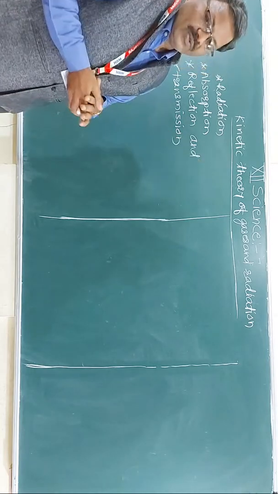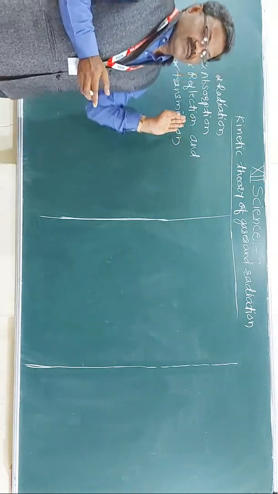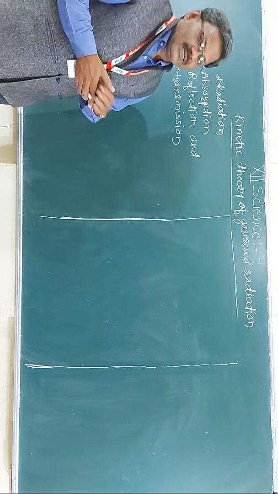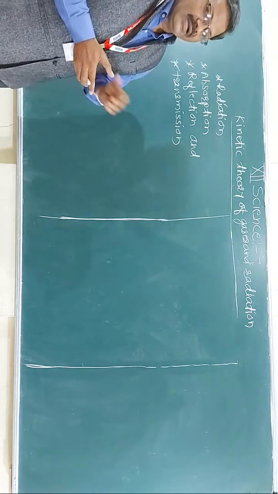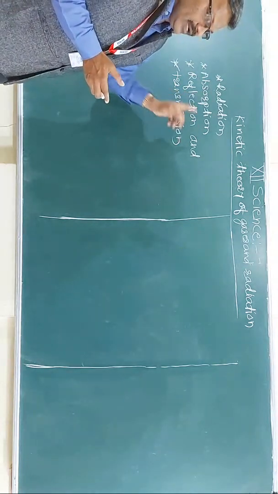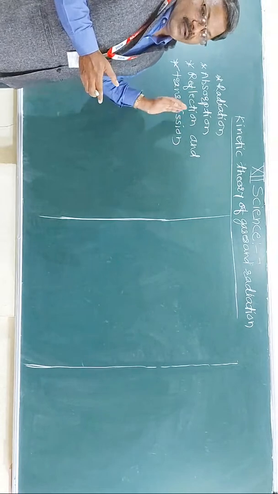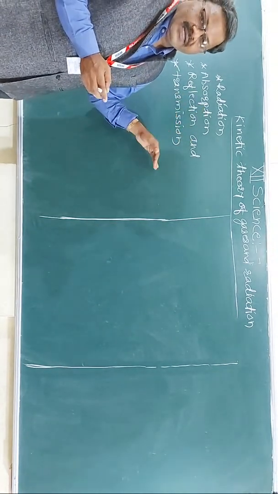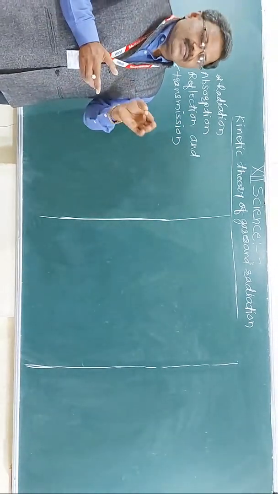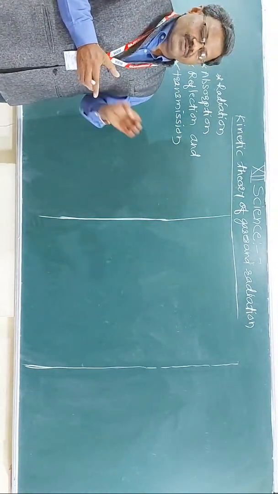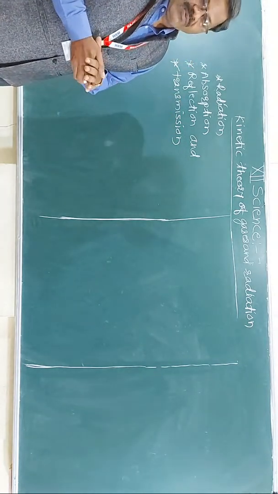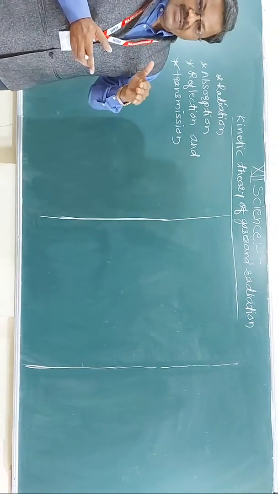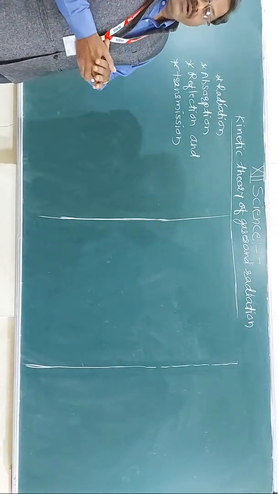Now we want to see more about radiation. Radiation is the fast method of heat transfer. By using radiation, we can transfer the heat faster. Now in radiation, heat is transferred in the form of electromagnetic waves, and these electromagnetic waves can travel through vacuum as well as through a medium.